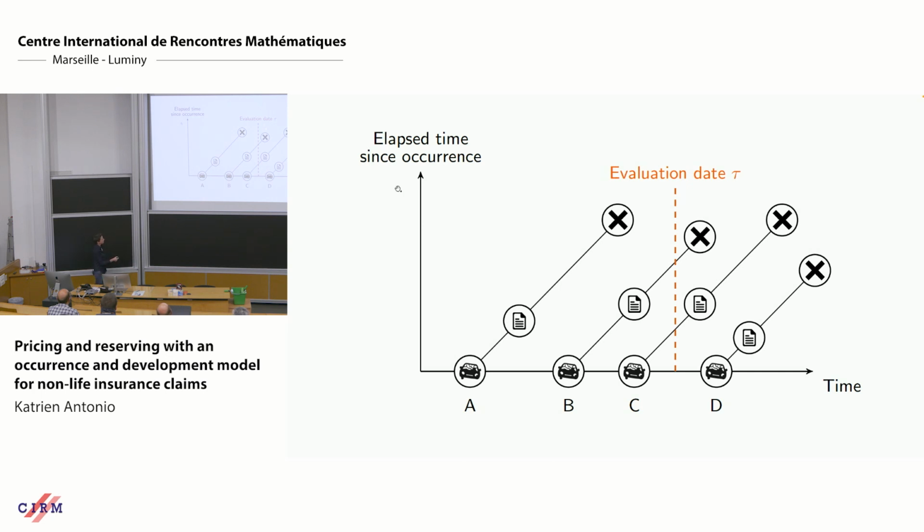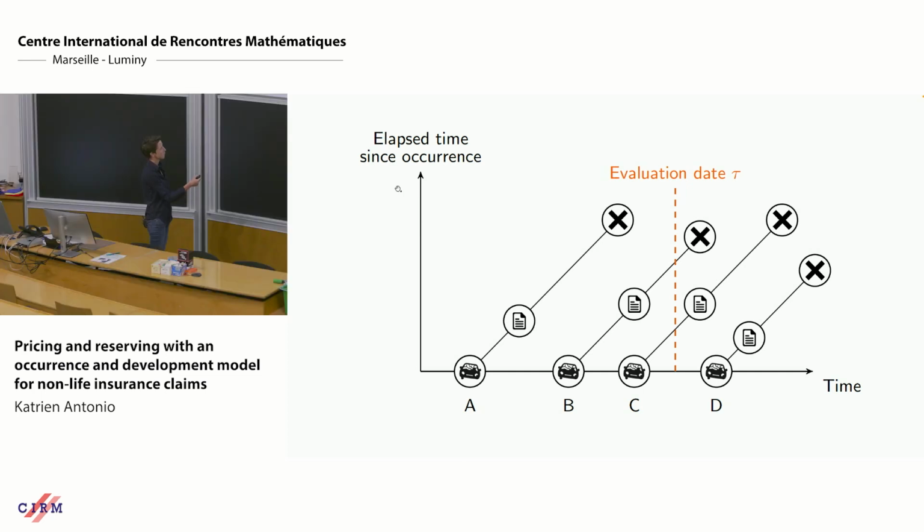If we put ourselves at a certain point in time, then we could say that the reserving actuary will aim to estimate or predict how much capital will be needed in order to fulfill the liabilities of the company with respect to claims that arrived in past exposure periods.